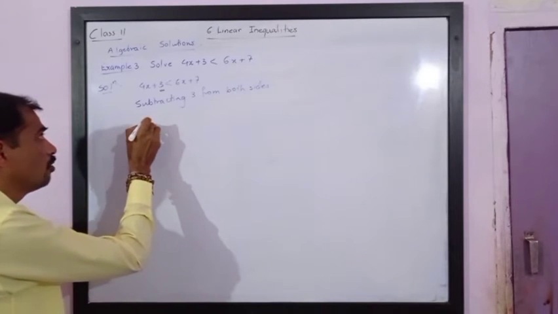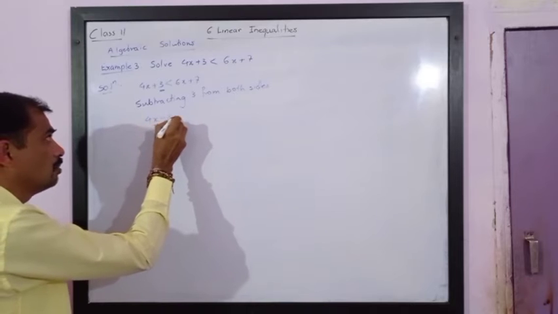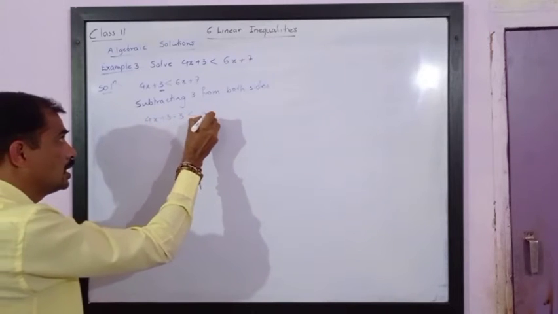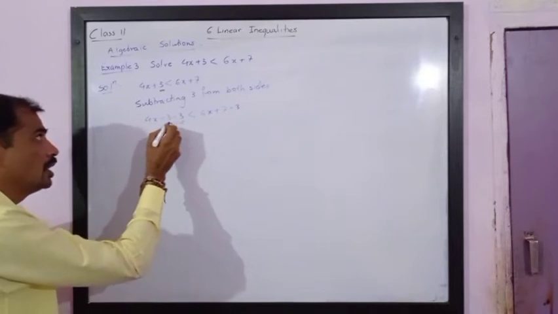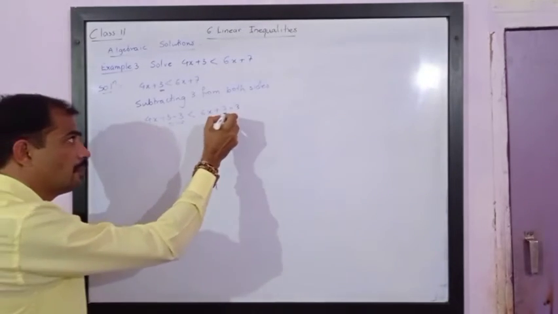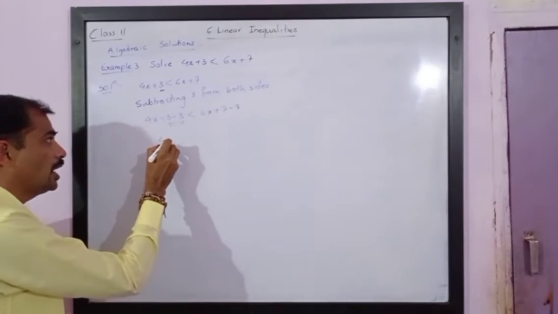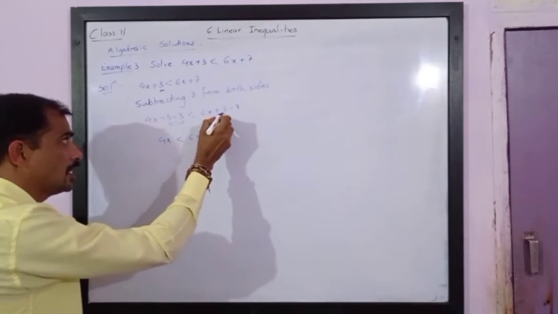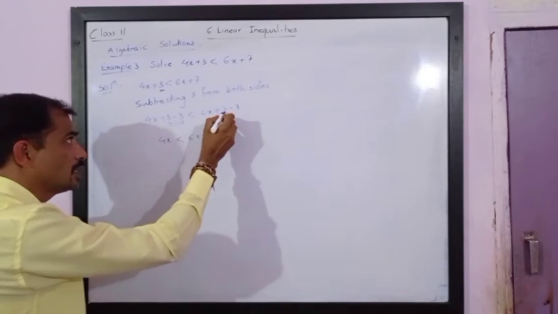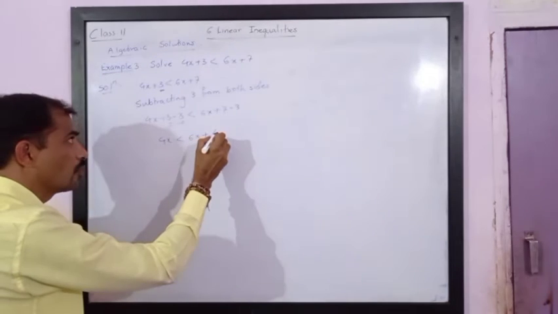We will get 4x plus 3 minus 3 is less than 6x plus 7 minus 3. Please note, 3 minus 3 is 0, and 7 minus 3 is 4. So you will get 4x is less than 6x plus 4.